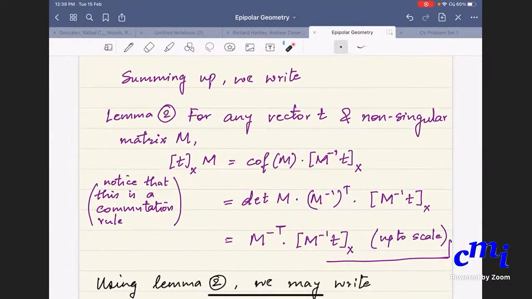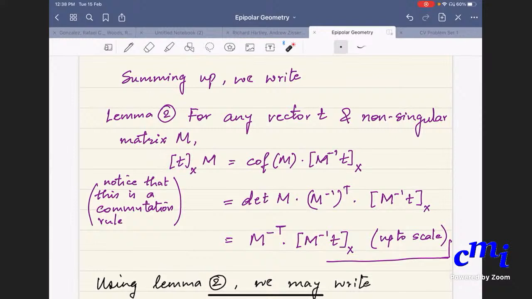So it says that if you have some vector T and a non-singular matrix M, then T cross M, this product, can be written as M inverse transpose times the matrix corresponding to M inverse T cross. So this is a commutation relation.